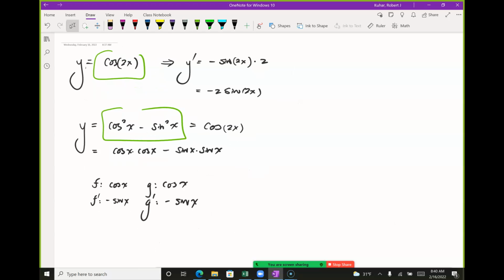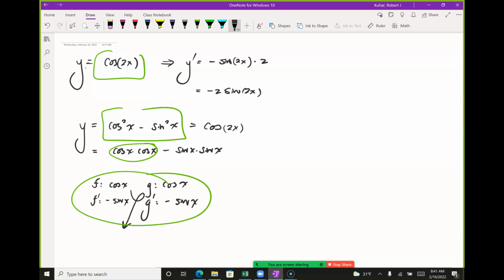I've got to do that same thing with sine of x and sine of x. Why is the g cosine instead of sine? So cos squared, I have a cos times a cos, right? So I'm doing that whole loop there.